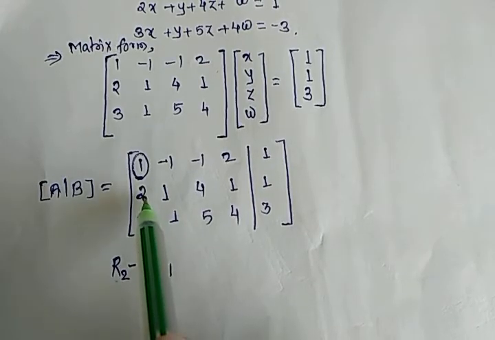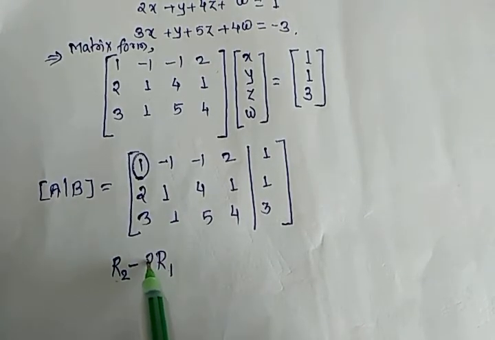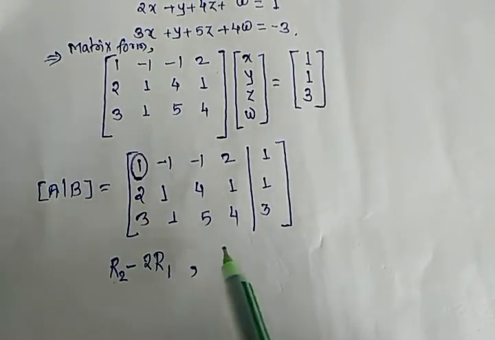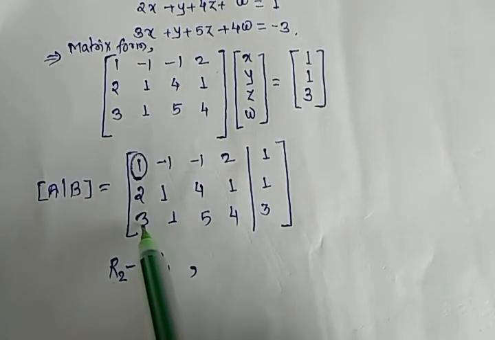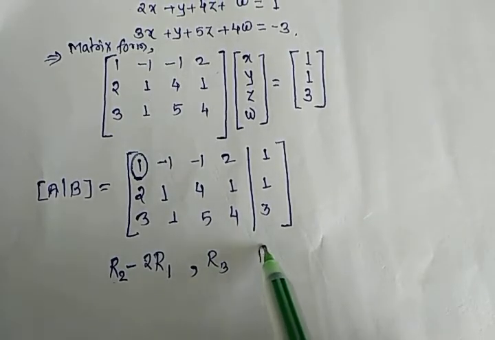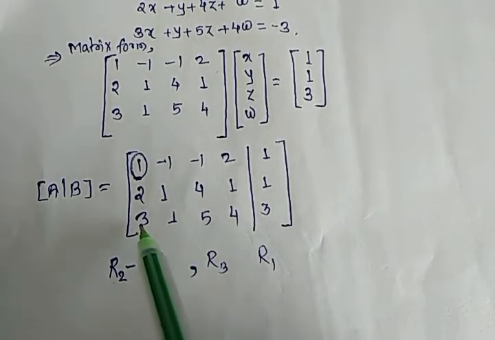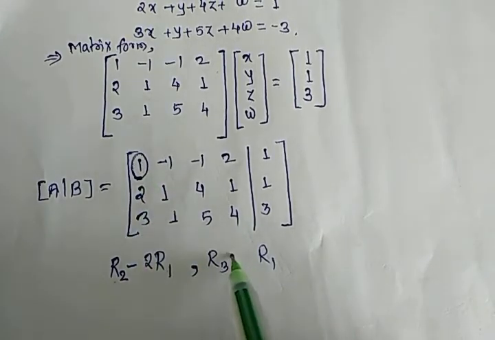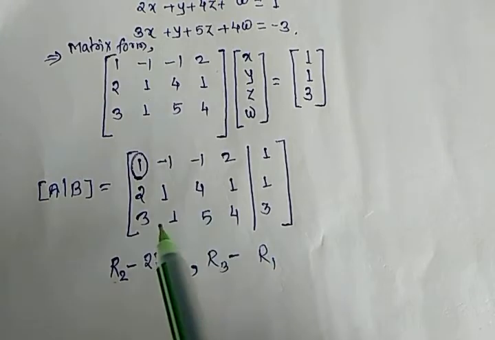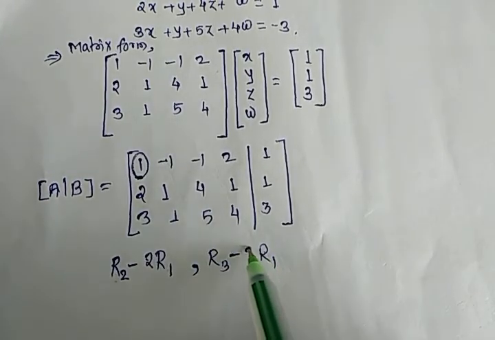Here A21 is 2, so we multiply the first row by 2 so that A21 will be 0. Next, to make A31 0 we use R3 and R1, both positive, so we take the minus sign and multiply R1 by 3.